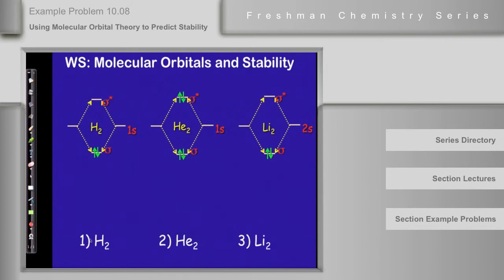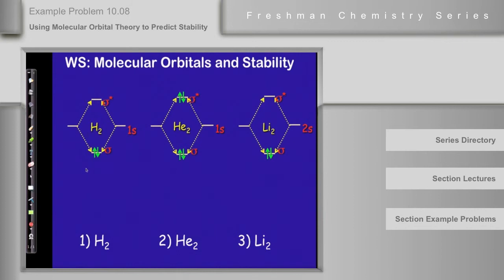In the first case, H2, we can see that the two valence electrons for the molecule occupy the sigma bonding molecular orbital right here. And the sigma antibonding molecular orbital, both of these derived from 1s atomic orbitals, that sigma antibonding one is empty.